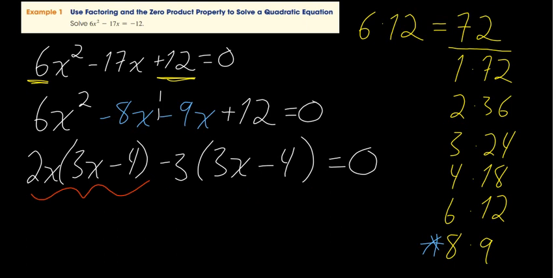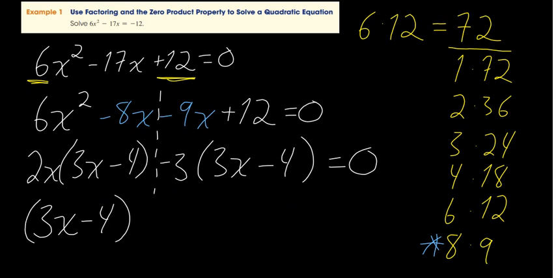So that's what I'm going to do. Let's put those dotted lines back. So we're going to factor a 3x minus 4 out of both those terms, and what remains would be a 2x minus 3, just like that. And we're going to have to go to the next page here.